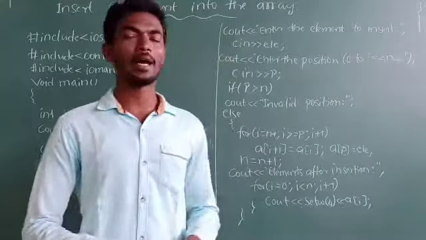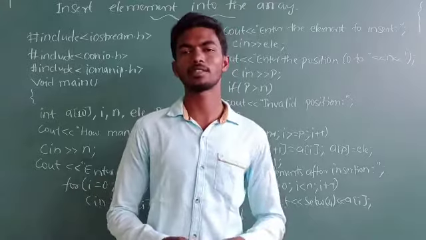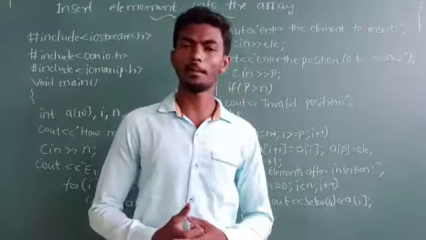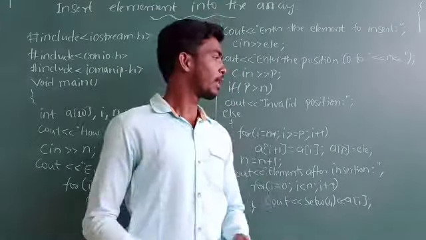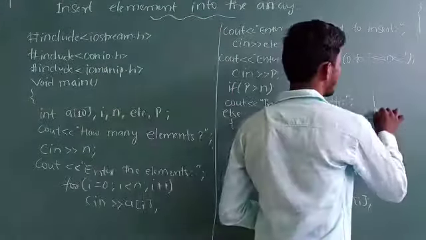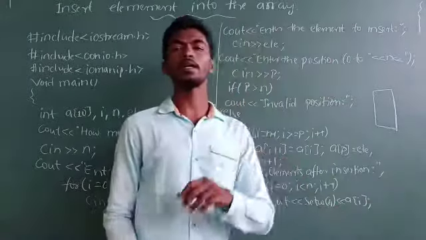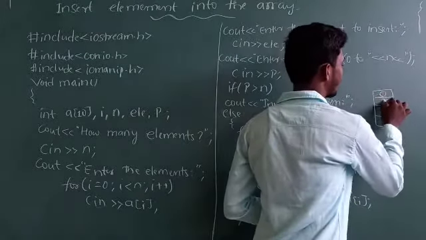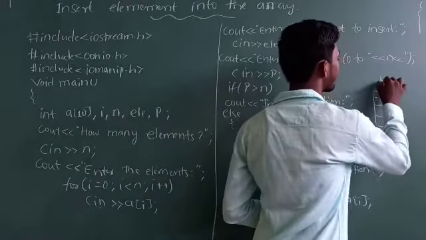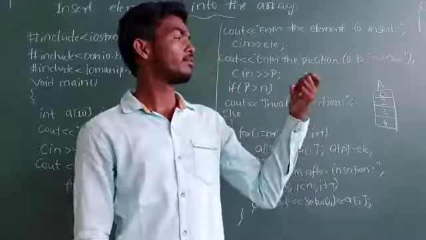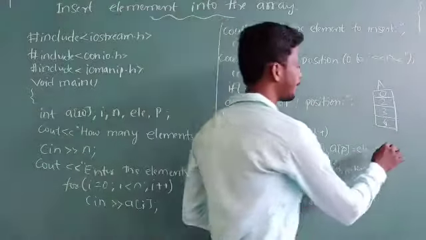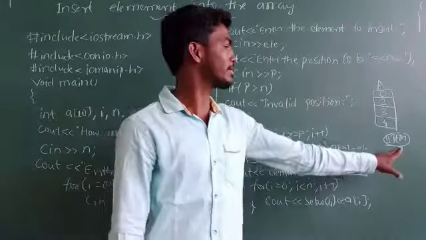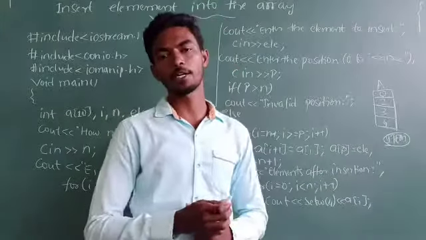Hi everyone, welcome back. In the last video section, we discussed the algorithm of an insertion operation. To insert a new element into the given array, they will give you an array consisting of some elements called A, and one element called item, and the task is to insert this item into the given array at a particular position.